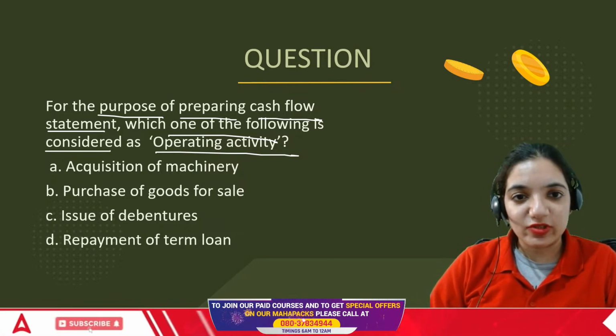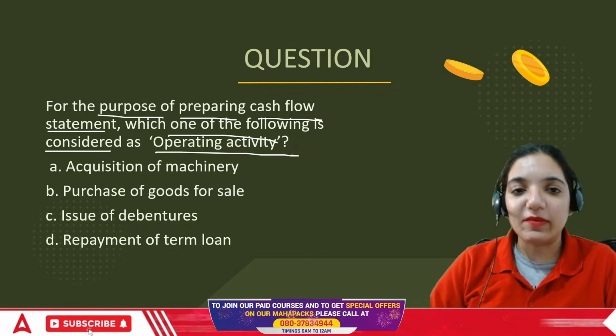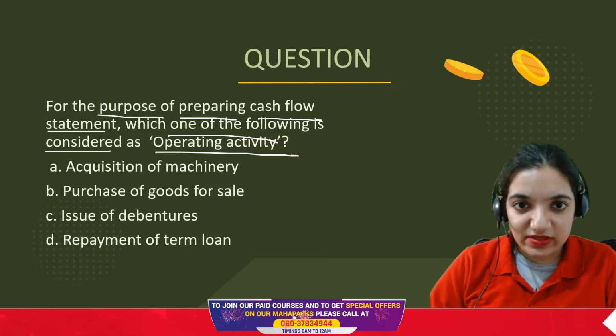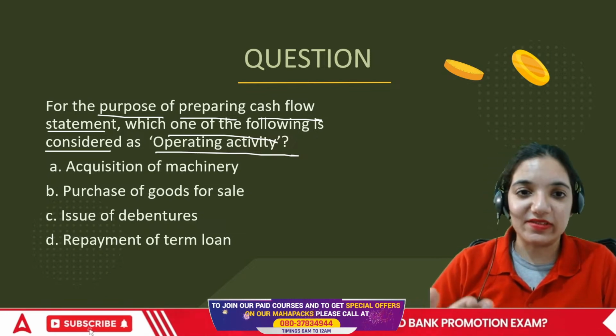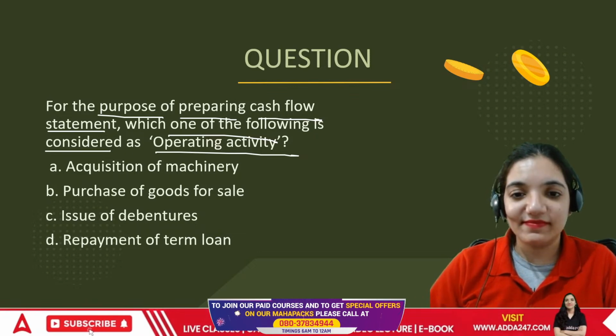Acquisition of machinery, purchase of goods for sale, issue of debentures, or repayment of term loan. For the purpose of preparing cash flow statement, which one of the following is considered as operating activity? Operating means day-to-day business. Acquisition of machinery. We don't acquire machinery every day, na?